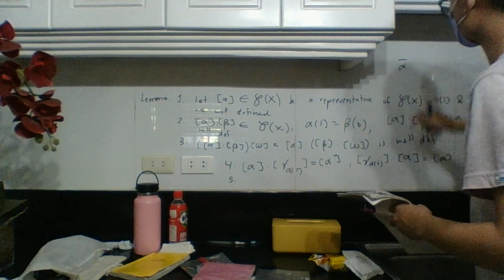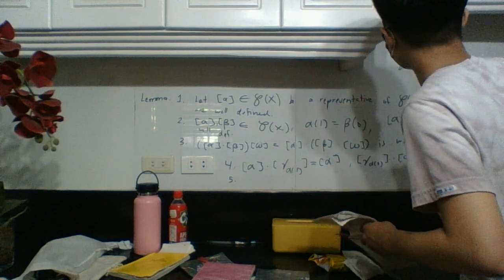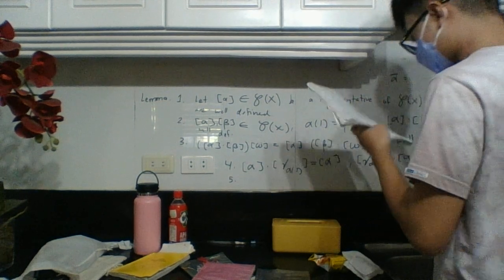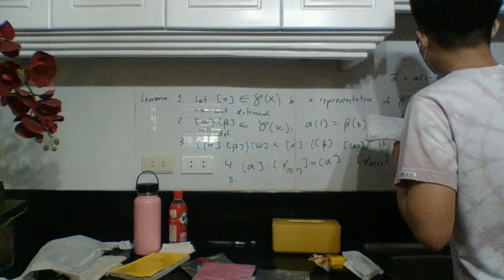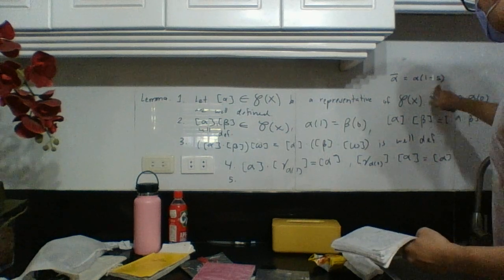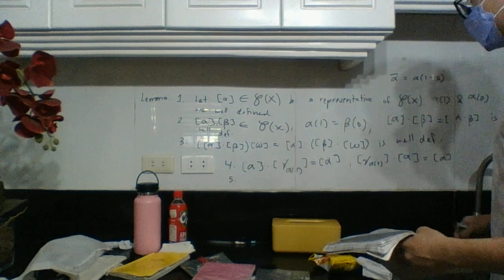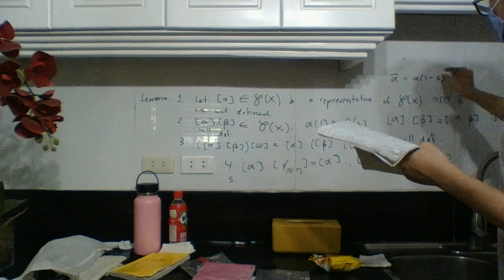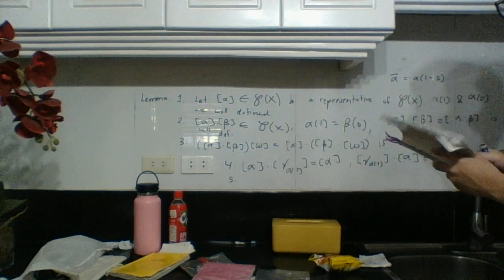If alpha is a curve, alpha bar is equal to just alpha of 1 minus s, where s is an input of alpha, part of the domain of alpha.